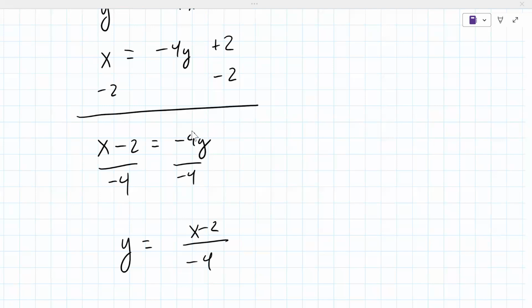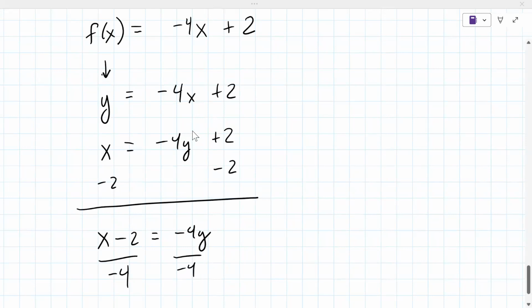Alright, so get this example down in your notes. Okay, got it down.